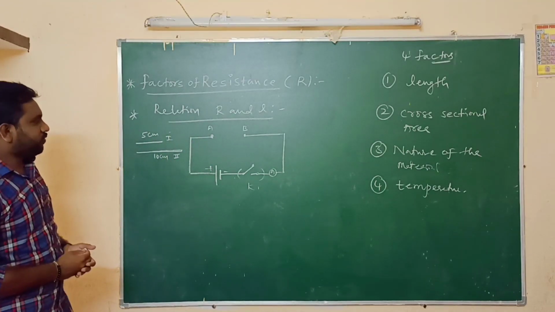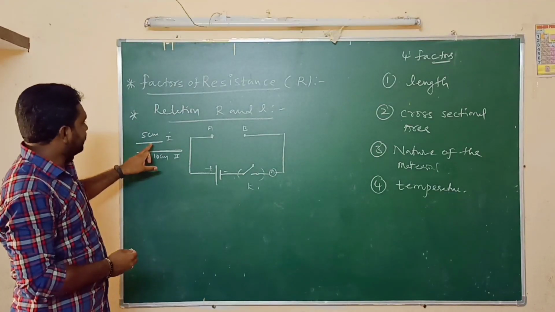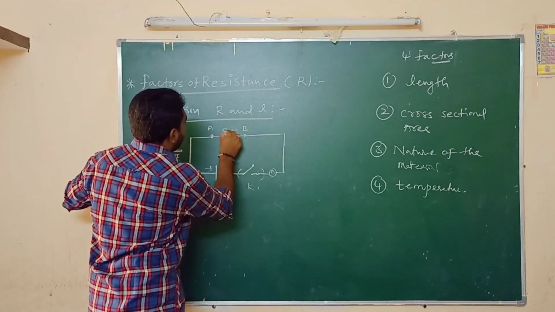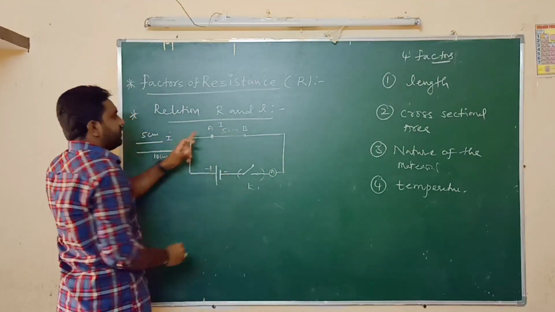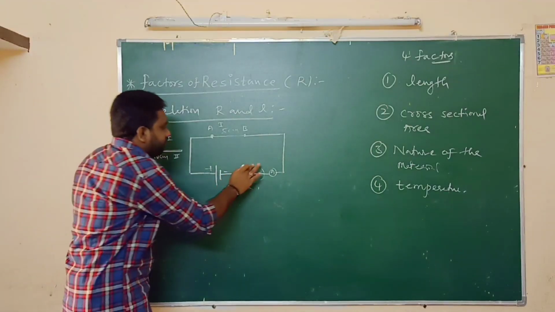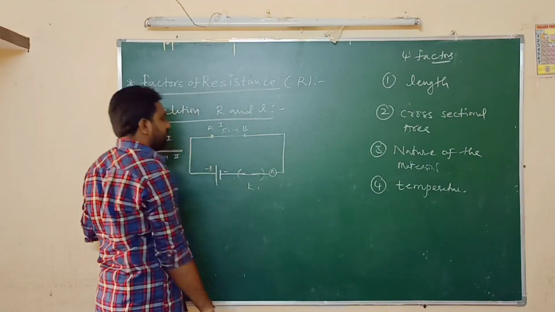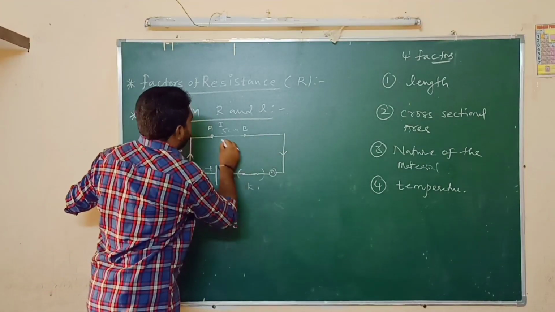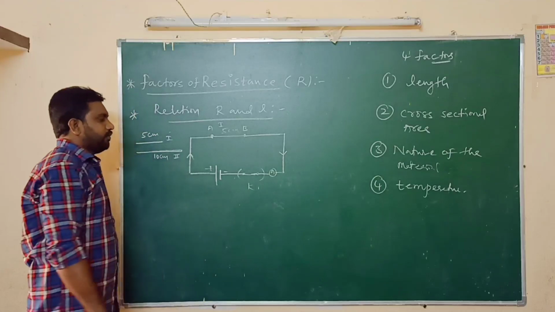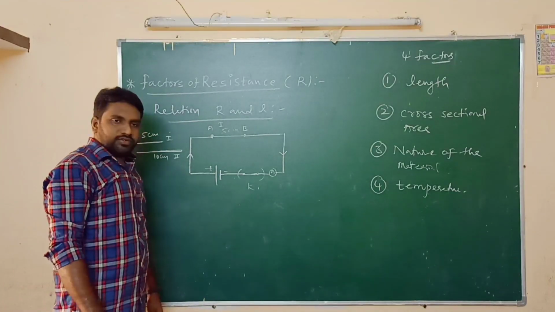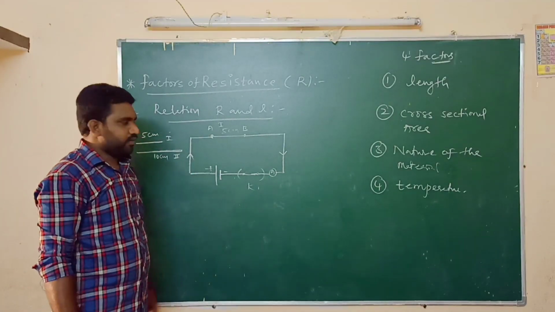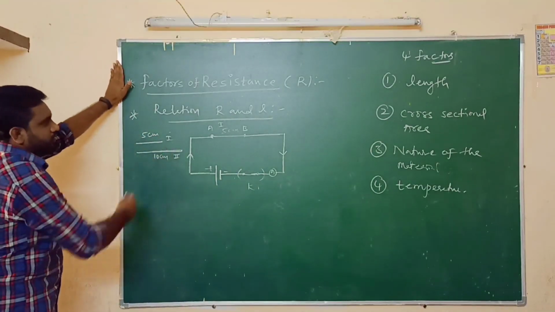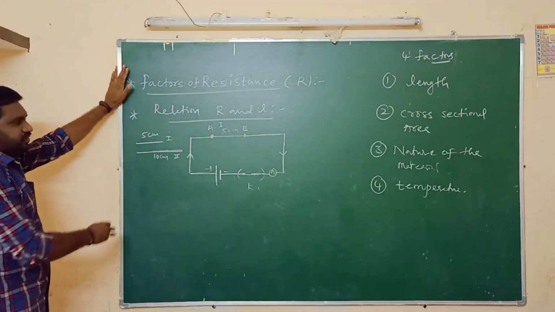Next, first I am going to place this 5 centimeters wire, sample 1, in between the gap AB, and close the switch. The switch is closed and current will flow in the circuit. After a few seconds we measure the reading of the ammeter, which gives the current. We write all these observations in the following table.